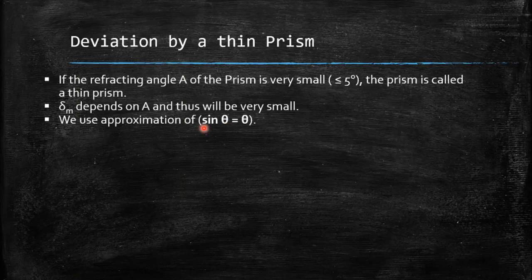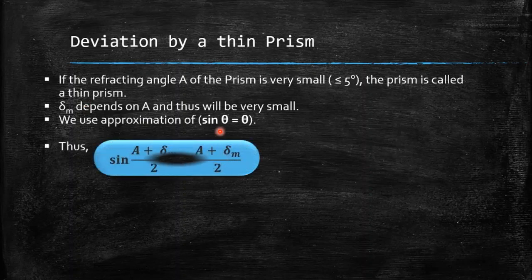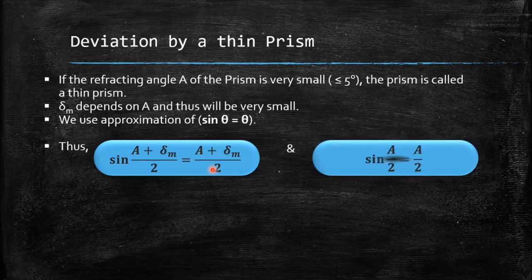Also, we know for a fact that delta M depended on A, right? So if A will be small, delta M will be small too, correct? Thus, using this approximation of sine theta being theta, we can simply write sine of (A plus delta M) by 2 as (A plus delta M) by 2, and rather than writing sine of A by 2, we can simply write that as A by 2.